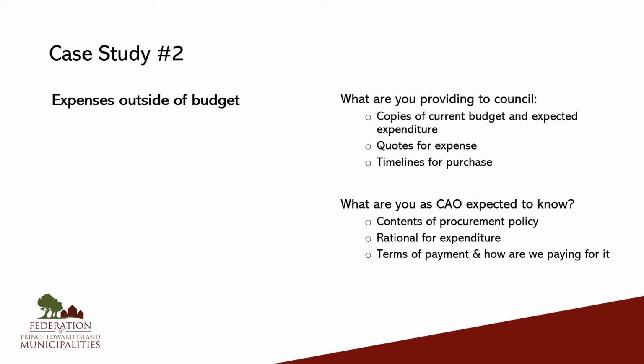Is there a loan or mortgage associated with this purchase or expense, and are those terms of payment reasonable, and are we as a municipality able to meet those terms of payments? All of that type of information you'll be expected to know, and you may be questioned on these particular issues by council.